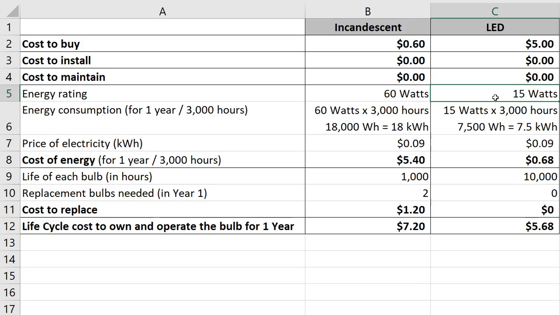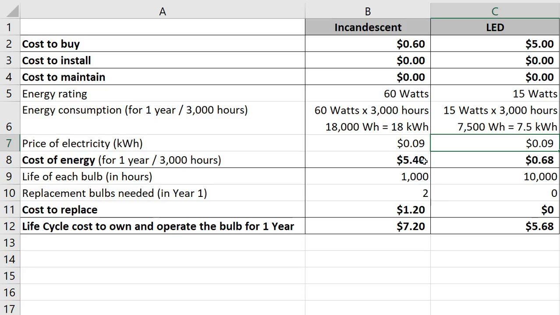For the LED, obviously, it requires less watts per hour. In fact it's 7.5 kilowatt hours across the year, that 3,000 hours. So 7.5 multiplied by 0.09, the price of electricity for each kilowatt hour, so 68 cents is the cost of energy for the LED light bulb.